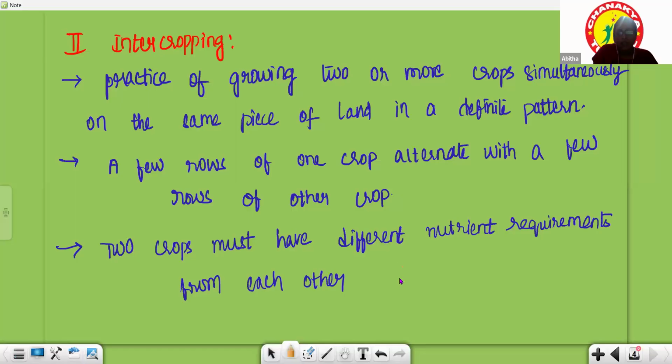For example, what kind of crops do we select here? Like you grow soya bean, which is an oil crop, with maize. These are the type of combinations we need to select, which have different nutrient requirements.